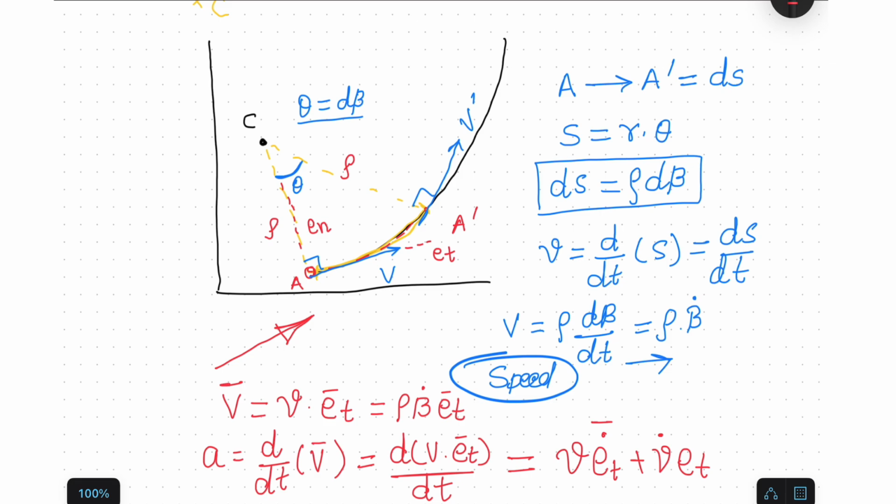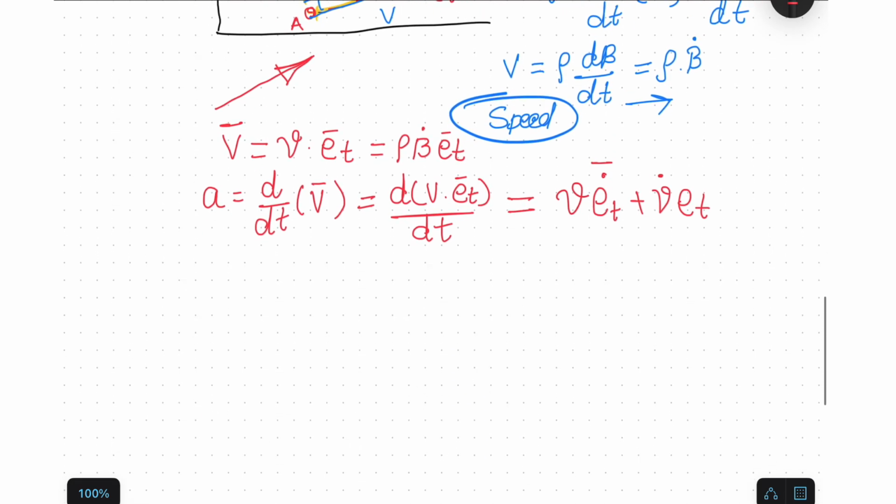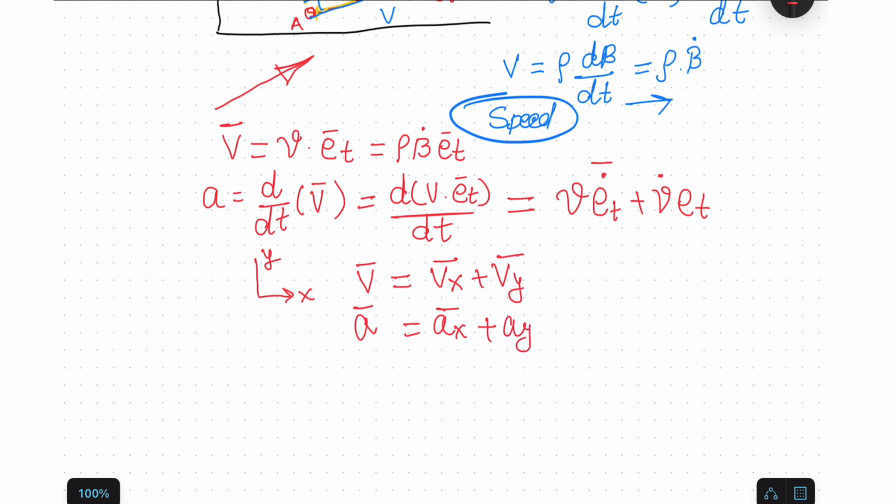Now this equation becomes very interesting. Why? Look guys, as you know, in the x and y coordinate system we can write the v vector is equal to vx plus vy, and acceleration is equal to ax plus ay.